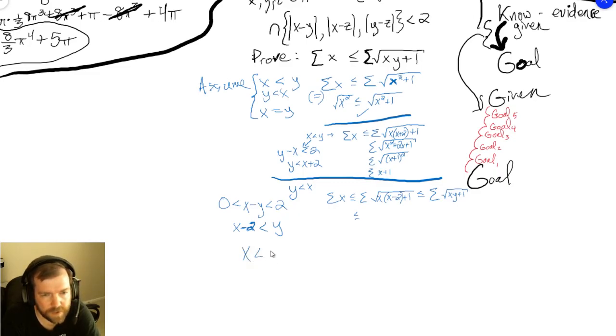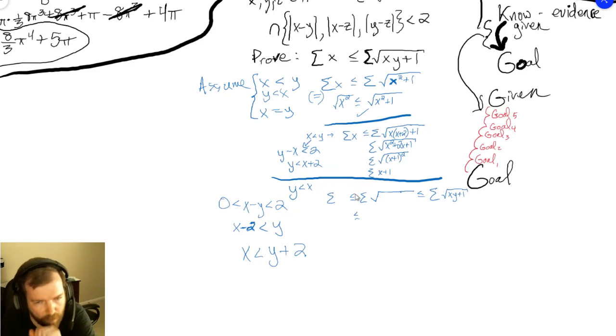x is less than y plus 2. I could do that instead. It's not quite in the same, that's fine, whatever. We'll make it work. This is going to be y plus 2.